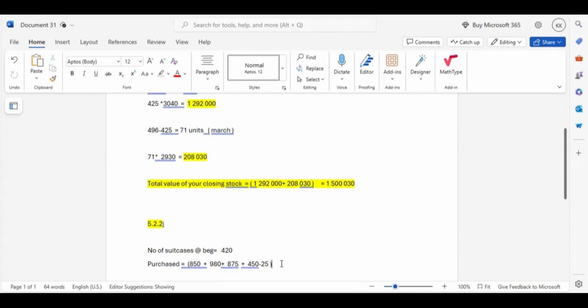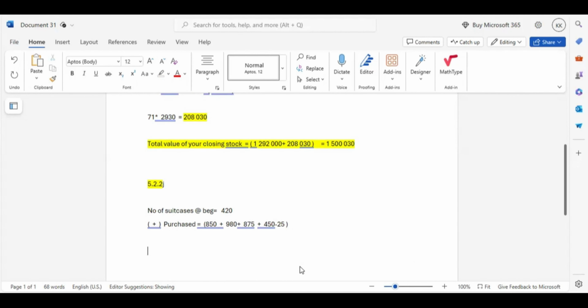Now, remember, we're going to add these purchases, or the number of units purchased. So you need to add the amount here. Now here, we have to subtract the number of units sold, or suitcases which were sold.